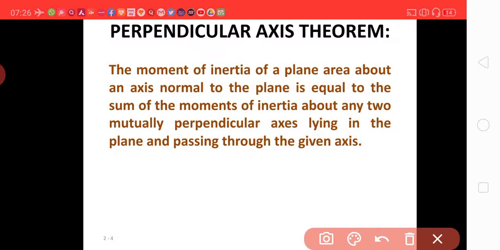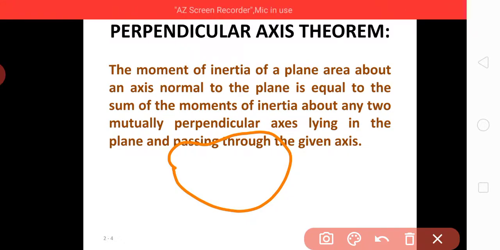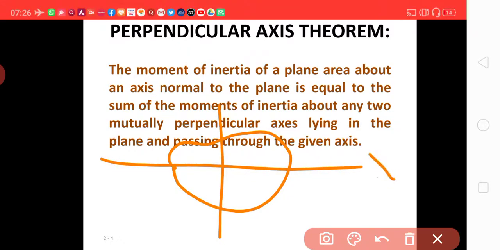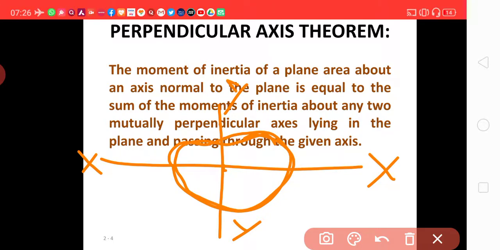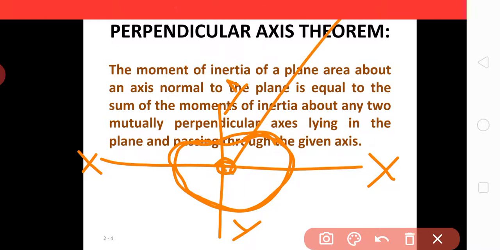Okay. Now let us concentrate here. This is some area. These are its centroidal axes x and y. Then any axis which is perpendicular to this plane, and passing through the point of intersection of these two axes, that is like this, we call it the z axis.